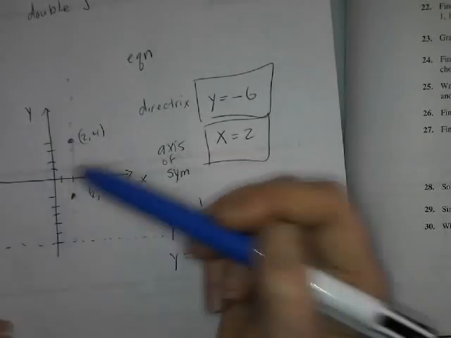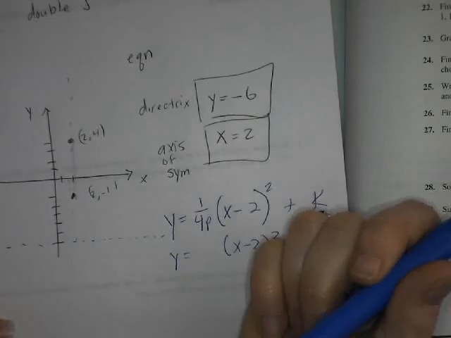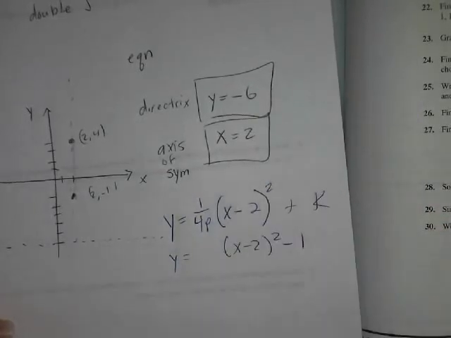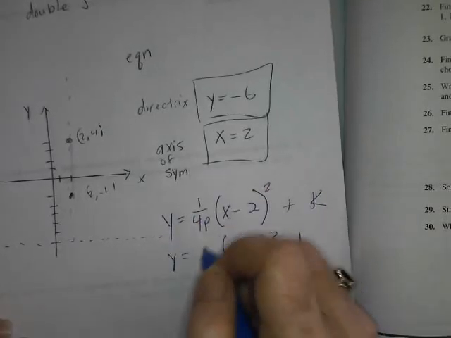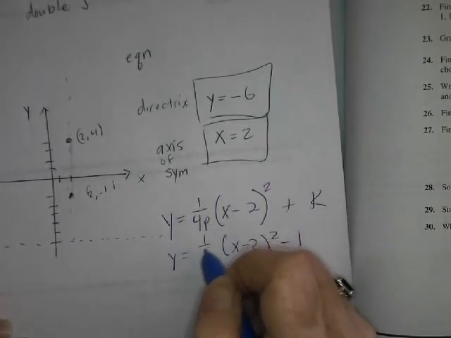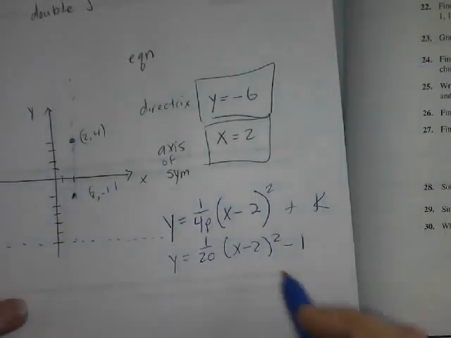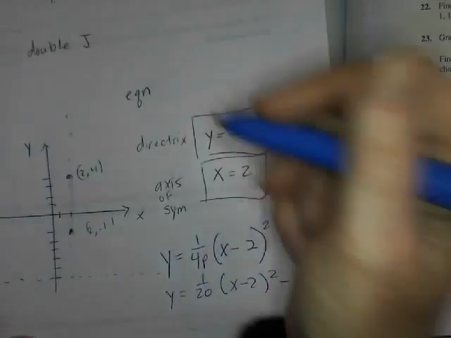Because it's the same distance. So it's 5, and 4 times 5 is 20.